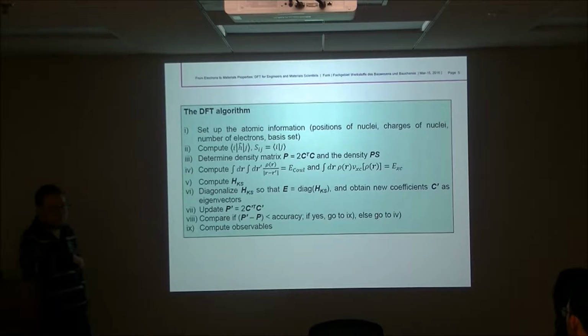We do not have such an easy formalism as in Hartree-Fock. And this typically goes at the cost of scaling. So the larger the system gets, the longer it takes. If Hartree-Fock is scaling with basis functions squared, DFT is typically basis functions cubed.